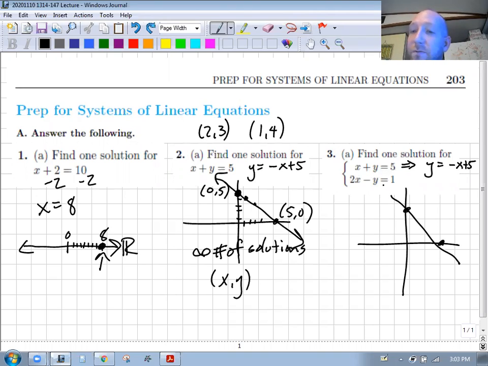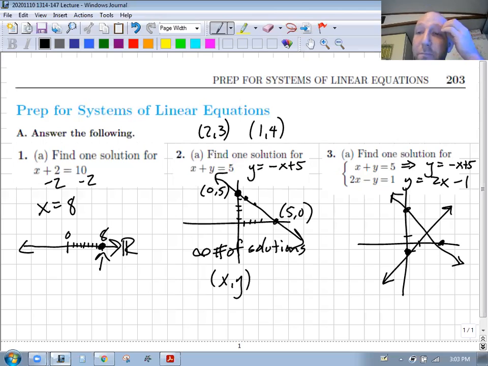If we subtract 2x from both sides, we would have y equals 2x minus 1. So this line, if we graph it, if we put 0 in for x, we're down here, with a slope of 2. This line looks like that.